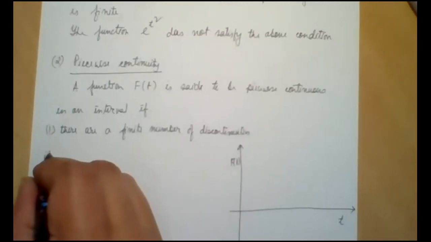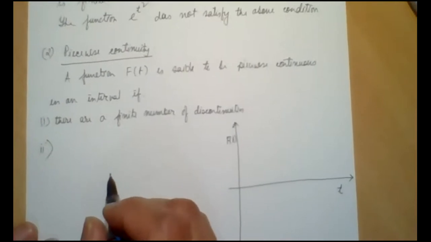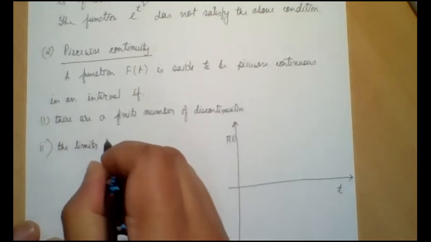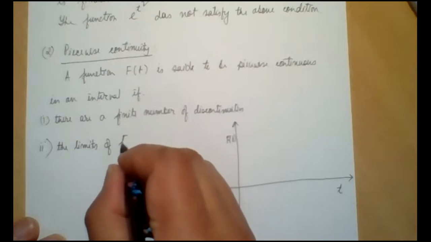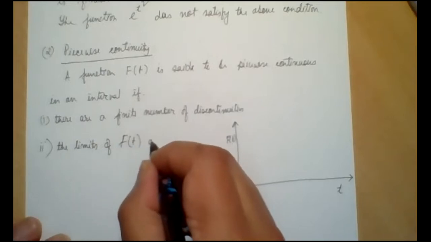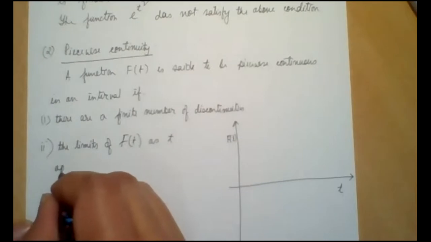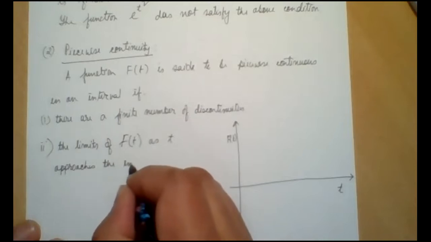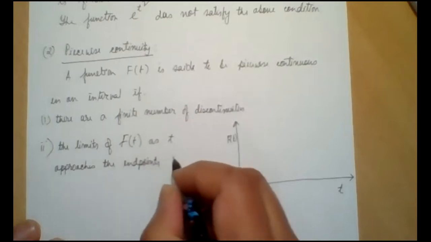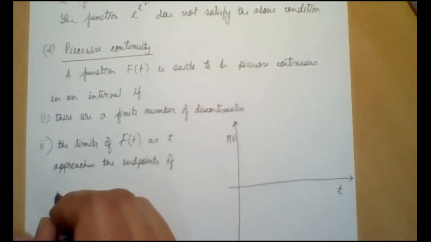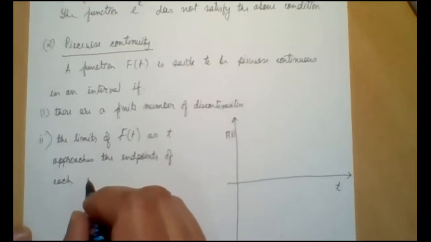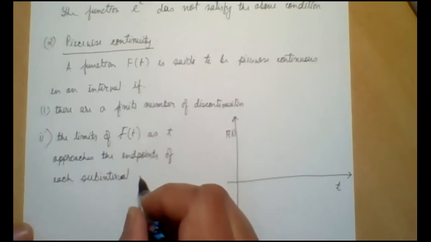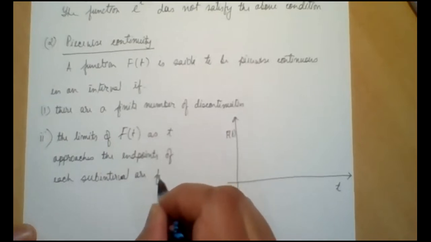Number 2, the limits of this function f(t) as t approaches the endpoints of each subinterval are finite.